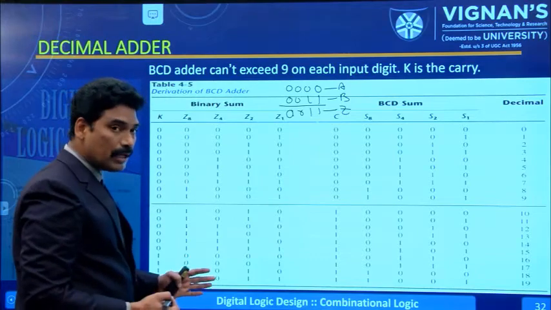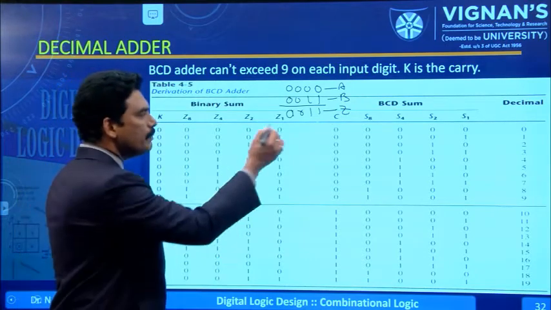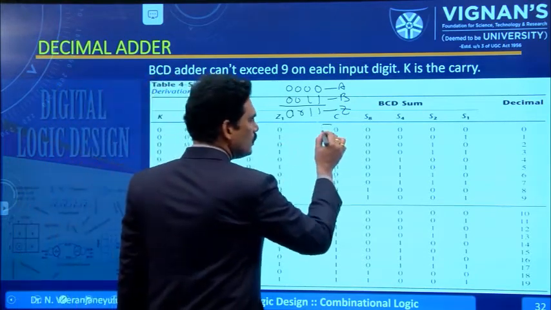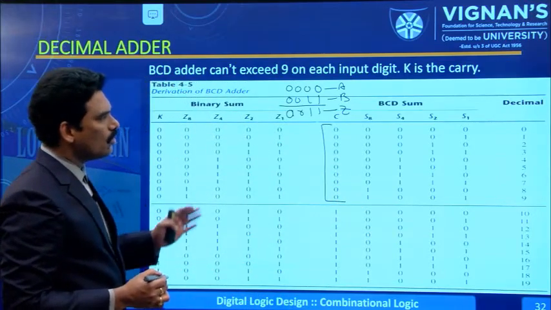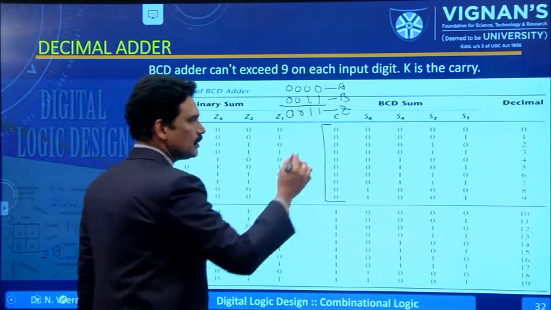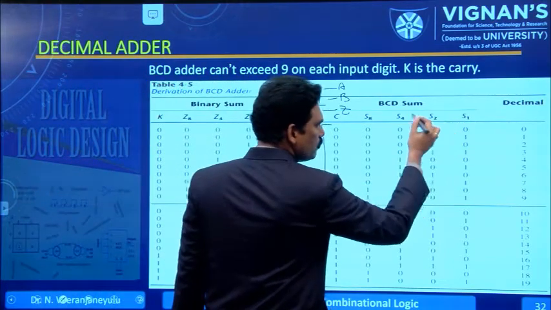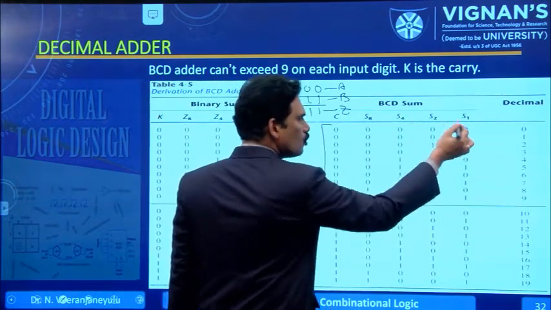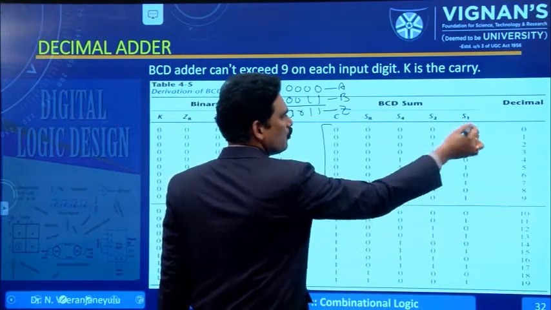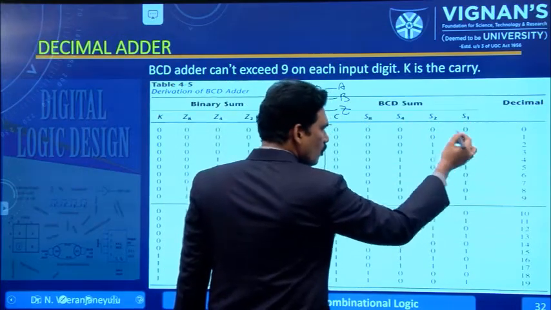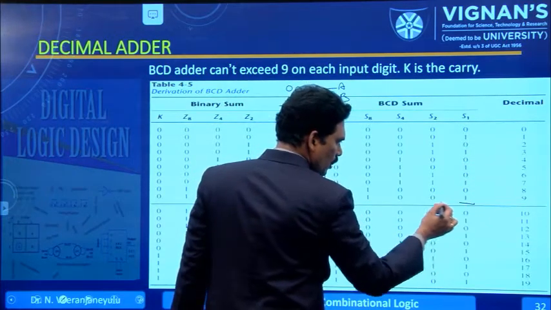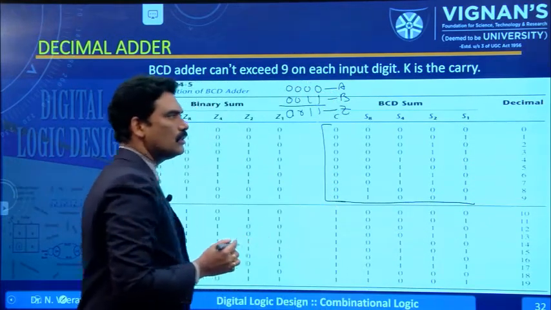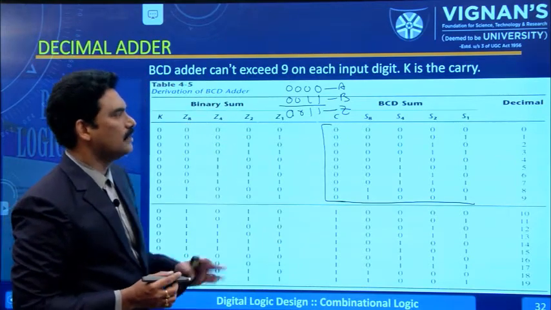The maximum number is 19. Now, in BCD, we have only these numbers. So, the sum is S1, S2, S4, S8, that is the 8421 code: 0, 1, 2, 3, 4, 5, 6, 7, 8, 9. Up to this only we consider as BCD numbers.